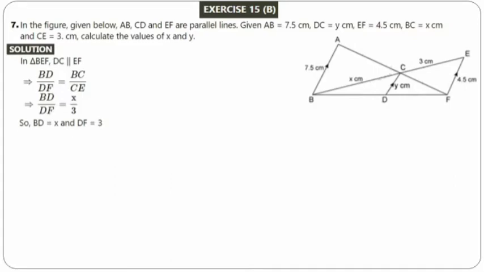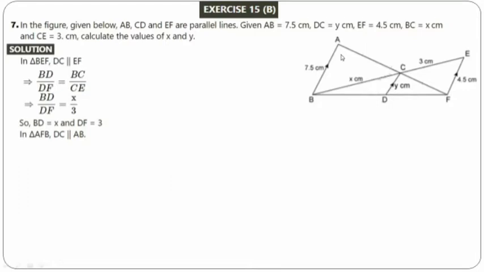Now in triangle AFB, let's see where AFB is. AFB is this triangle. In this triangle DC is parallel to AB, isn't it? So this angle and this angle are corresponding angles, so they are equal, and this angle is common to this triangle and this triangle.